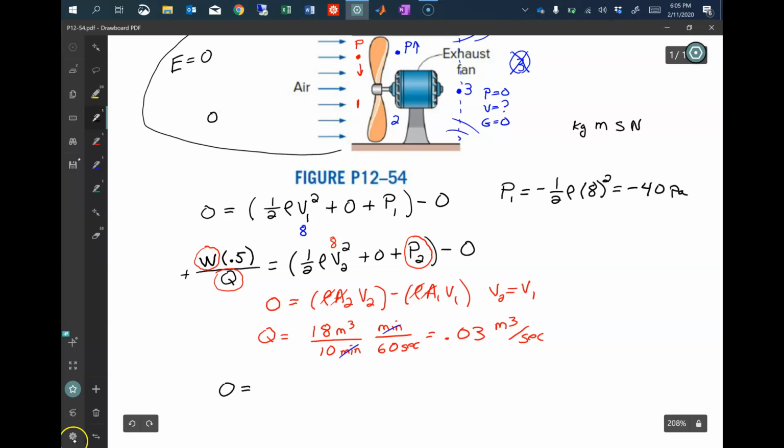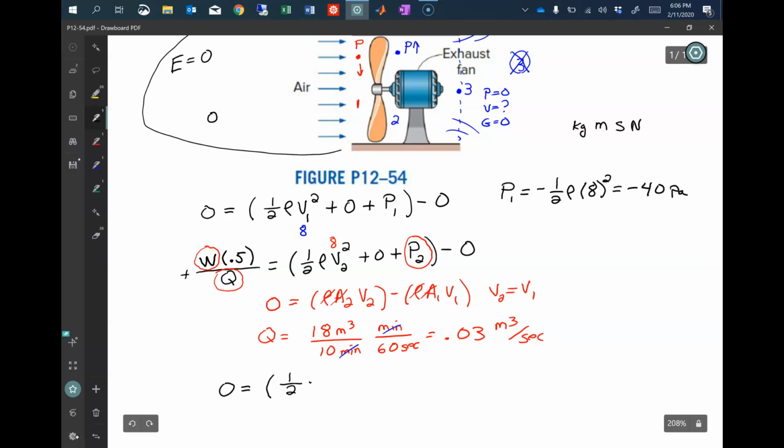I'm going to pause this and plug in. Okay, so I'm doing energy between 2 and 3. So the energy at 3 is equal to the kinetic. It hasn't left the exhaust duct yet. So that would be 1/2. In class, I had taken it outside in the room where it wasn't moving.